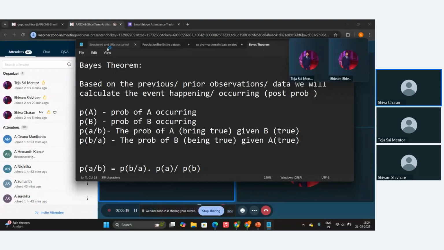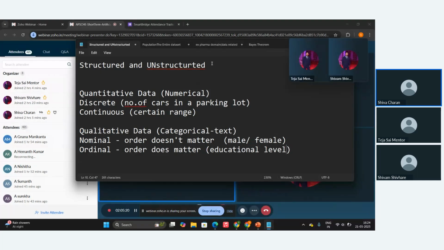Okay. So initially we had discussed structured and unstructured data, and in structured data we will be having quantitative and qualitative data. Quantitative data means numerical data, and qualitative data means categorical data. Categorical data means textual data. And in quantitative data, we will be having discrete and continuous.